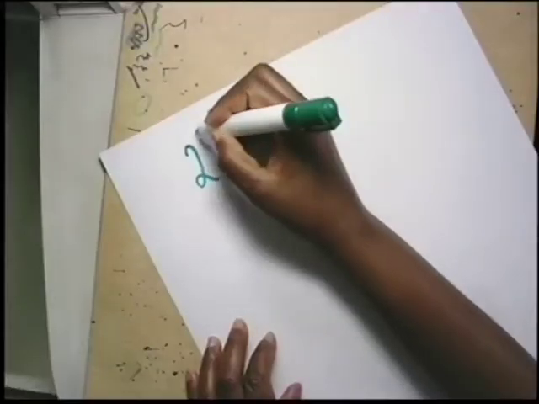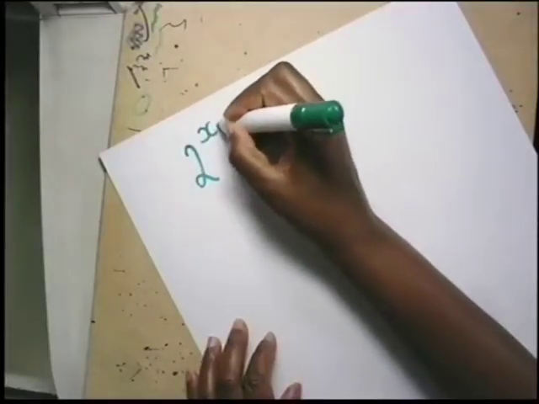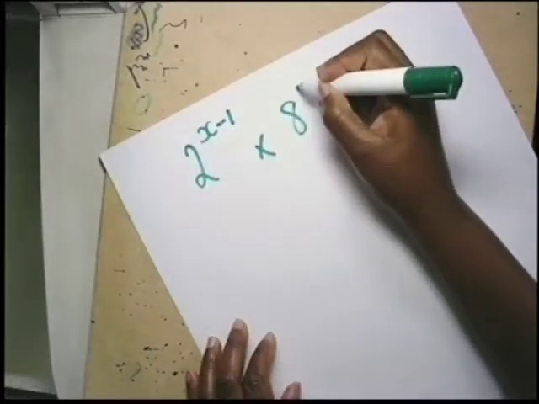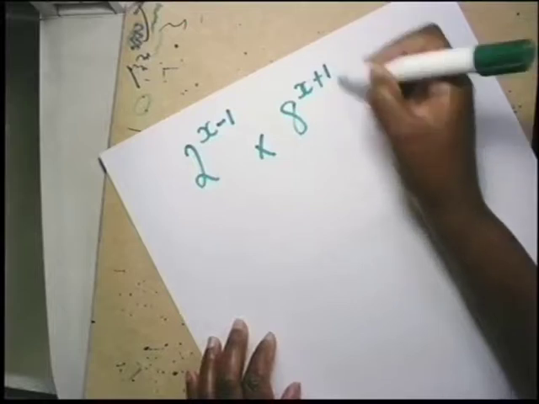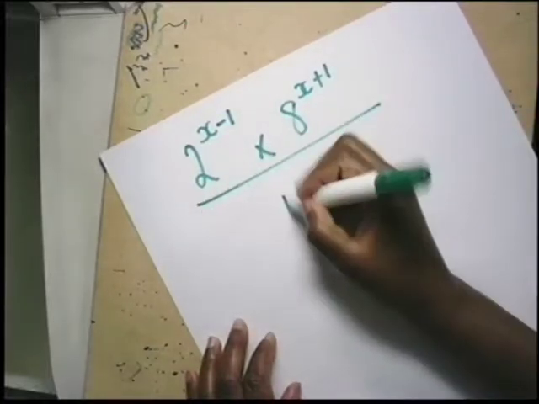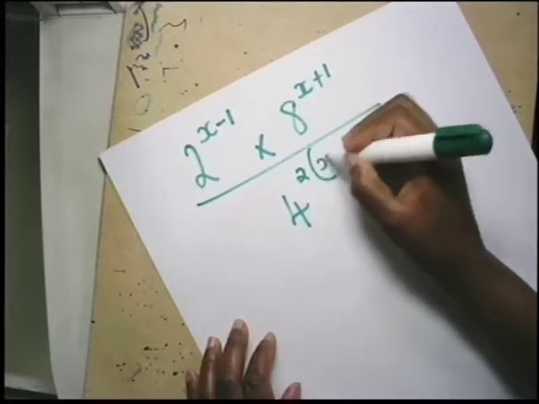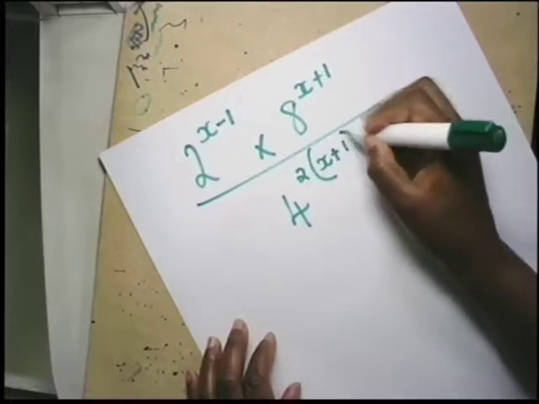Let me just write it down again here. It is 2 power x minus 1 times 8 power x plus 1 divided by 4 power 2x plus 1.